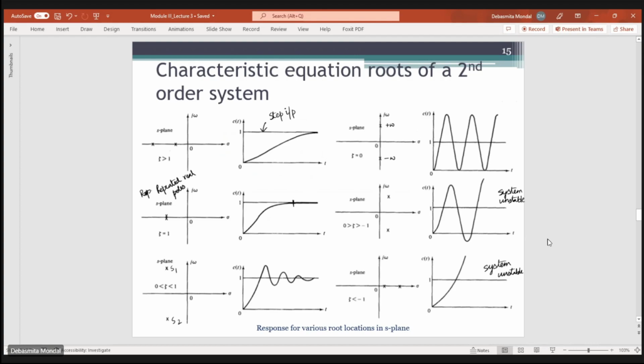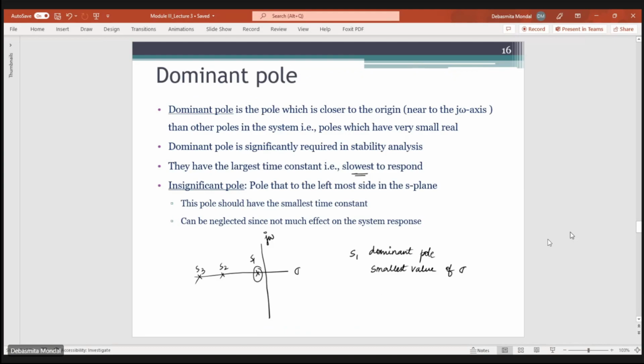If your poles are all in the left half plane, the system is stable, but you don't know how stable your system is. So depending on the exact location of these poles, we have to find out the relative stability, or the extent up to which the system is stable. For those cases, this dominant pole is mainly important. And also for some approximation, we'll talk.